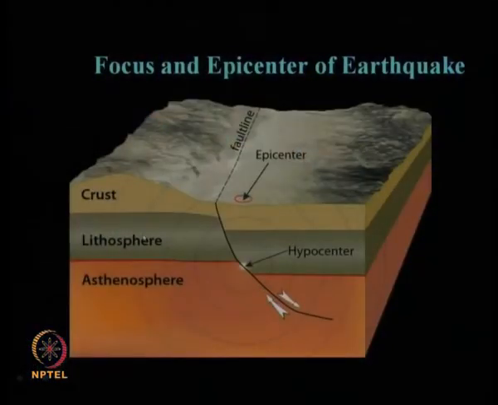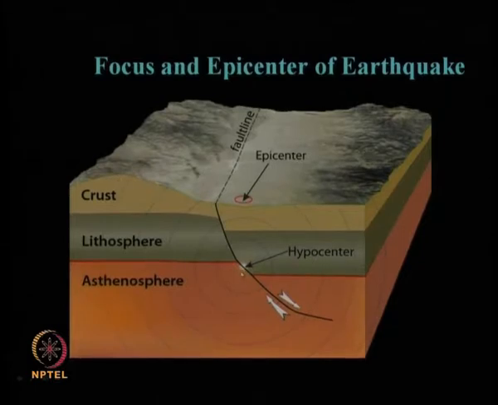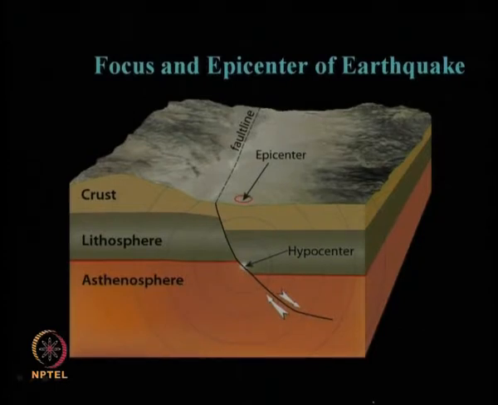Let us see the next terms, which are focus and epicenter of earthquake. What is this basic terminology? The point where the release of energy occurs inside the earth's crust is called the focus of the earthquake.